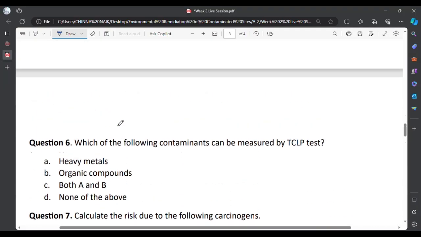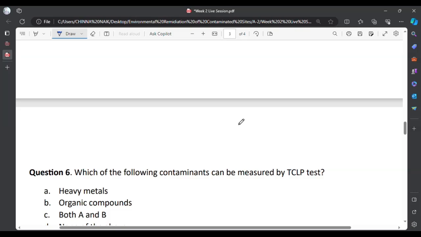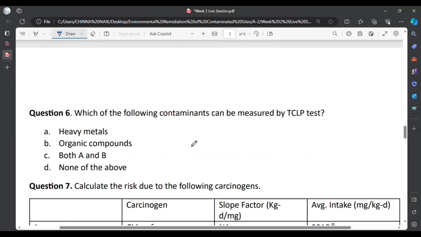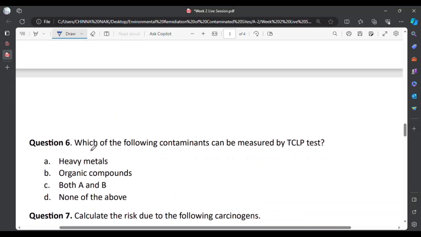Question number 6: which of the following contaminants can be measured by the TCLP test? Toxicity Characteristic Leaching Procedure test. I already mentioned that we use the TCLP test to calculate heavy metal concentration.